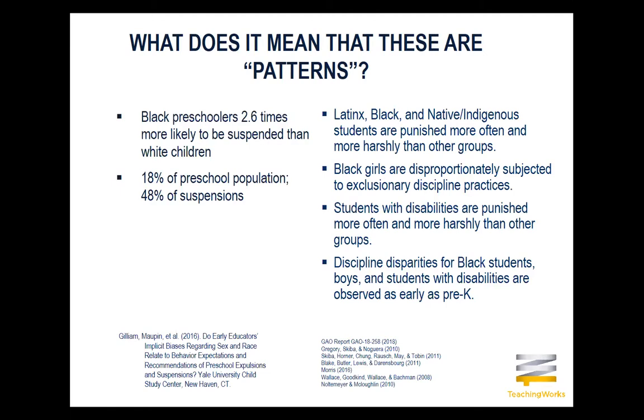We see that Black girls are disproportionately subjected to exclusionary discipline practices. Students with disabilities are punished more often and more harshly than other groups. And discipline disparities for Black children, boys, and students with disabilities are observed as early as pre-K. So that's why I wanted to share some statistics with you as early as preschool.